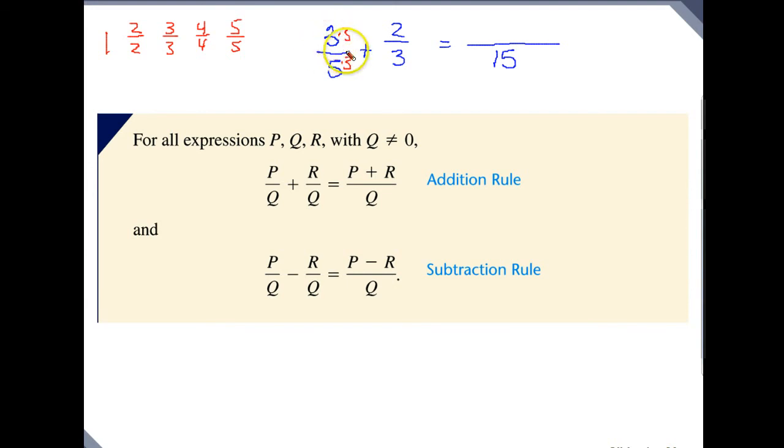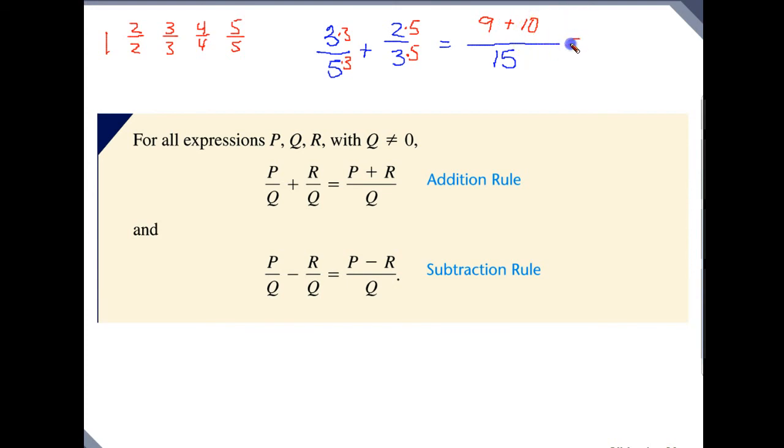So now I get an equivalent fraction here. 9/15 is equivalent to 3/5. And here I'm going to use the 1 in the form of 5/5. So 3 times 5 gives me my 15, and that'll be a 10.